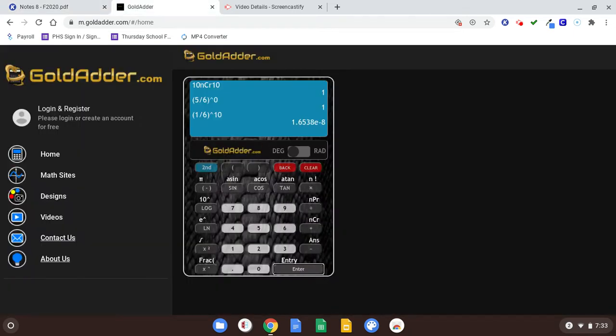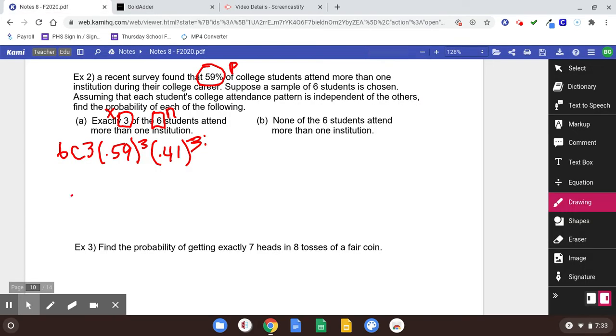Just a calculator problem at this point. About 0.2831. So the probability of exactly 3 students attending more than one institution, about 28% or so.